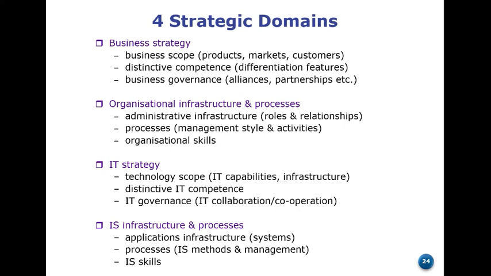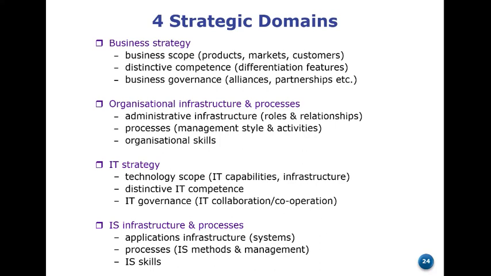The business strategy talks about business scope, distinctive competencies, and business governance. Organizational infrastructure and processes describe administrative infrastructure, processes, and organizational skills. IT strategy covers technology scope, capabilities, and the infrastructure, the distinctive IT competencies, and IT governance.